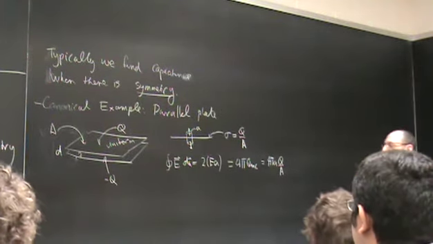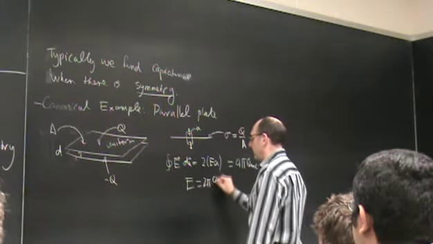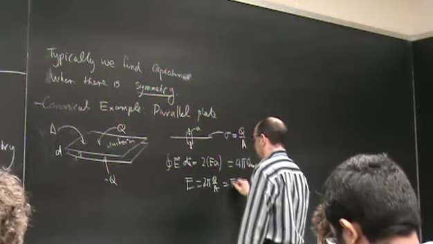That's the charge enclosed, so the electric field from a single plate is 2 pi Q over A, or 2 pi sigma.